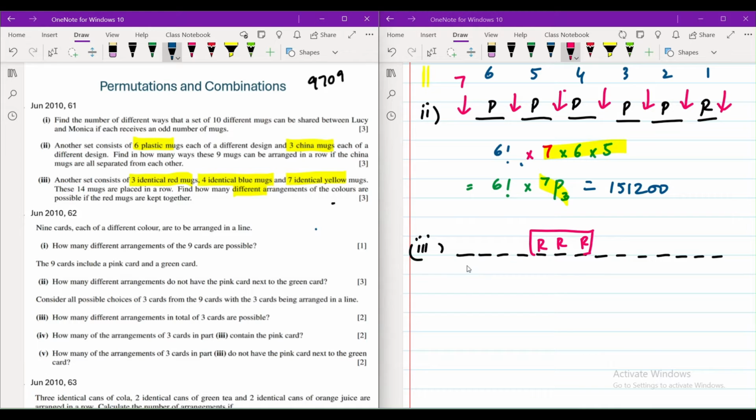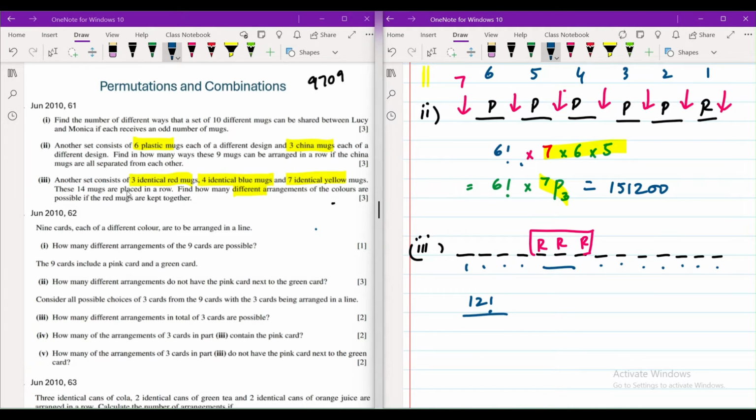So how many units left? So 1, 2, 3, 4, 5, 6, 7, 8, 9, 10, 11, 12. 12 factorial. Out of 4 are blue mugs and 7 are identical yellow. Technically, we will have internal rotations of the R also, so we could do 3 factorial divided by 3 factorial also because they are still identical.